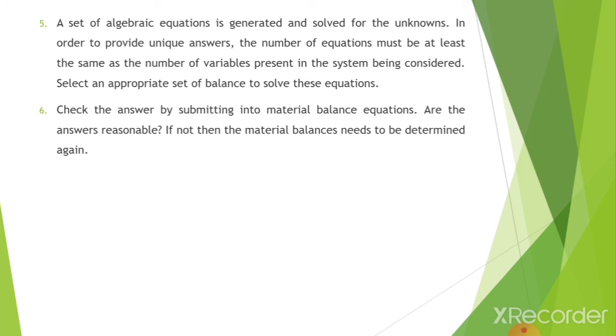If not, then the material balance needs to be determined again. If the left hand side of that equation does not match the right hand side, it is said that the material balance is not applied correctly to the system, and in that case we have to determine it again.